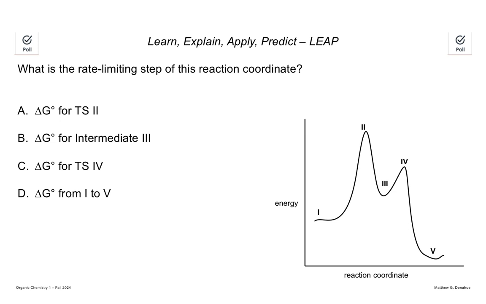So a complicating factor of this coordinate is you have two transition states, and remember, those are always higher in energy. So which one of them is going to limit the rate?